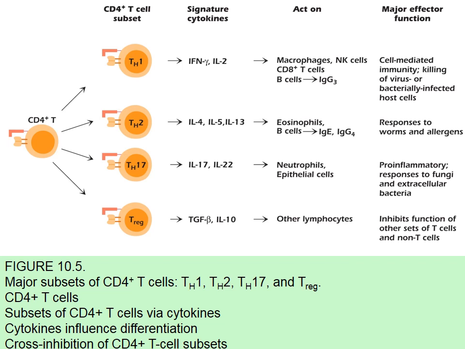So what is the difference between helper 1 and helper 2? Well, helper 1 produces many different cytokines, but the signature cytokines that they produce are interferon gamma and IL-2. And we consider Th1 type cells as pro-inflammatory. Because remember, if you have a cut and your immune response goes over there, it is going to create inflammation, which is good.